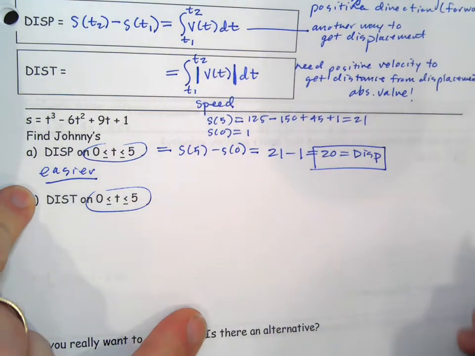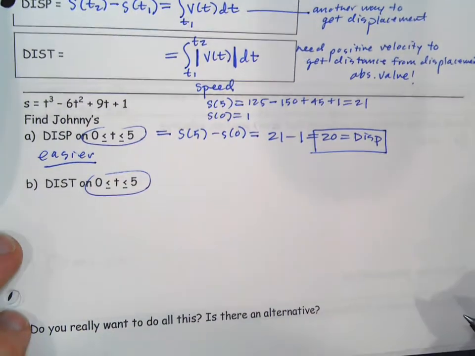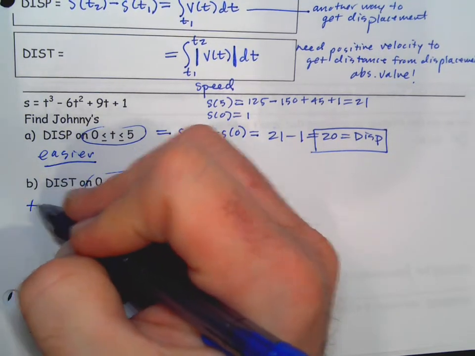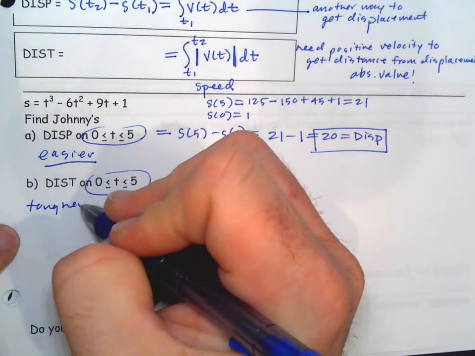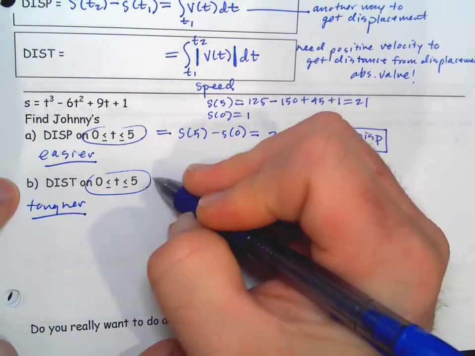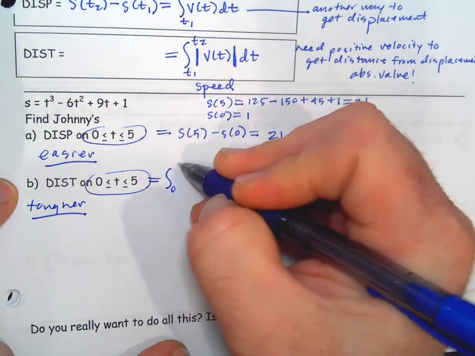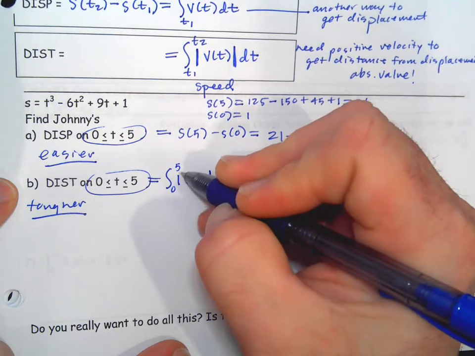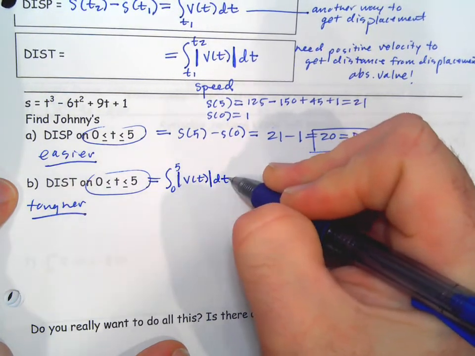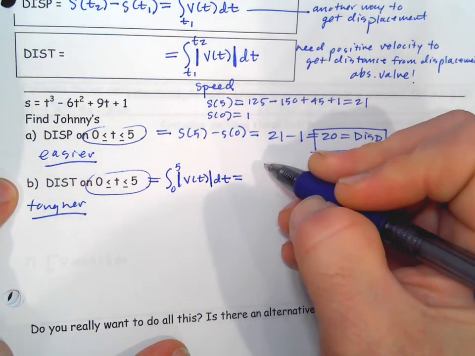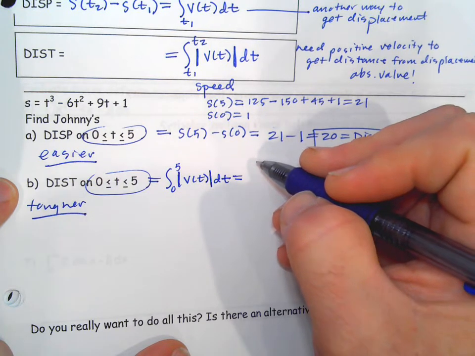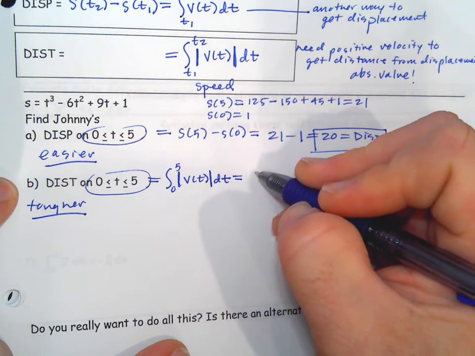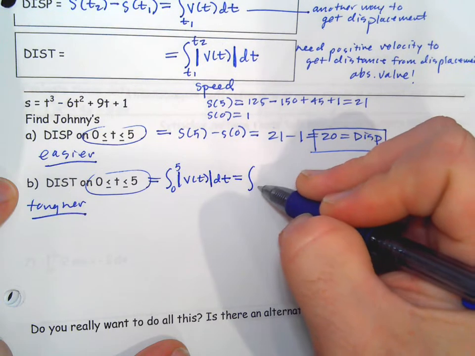Not bad. Now, distance is a lot more complicated because we have to integrate. We have to integrate 0 to 5 of the absolute value of velocity. So we're going to have to use our integration of absolute value skills that we've recently been doing. We don't even have the velocity yet, so we have to find it.